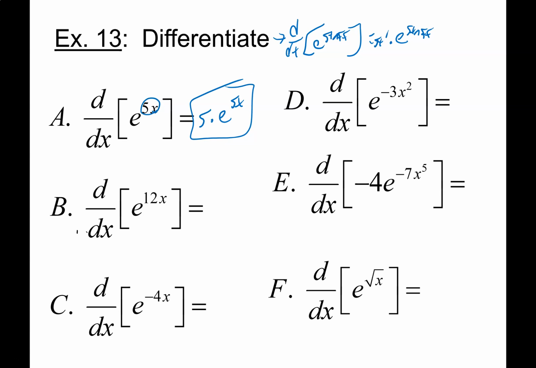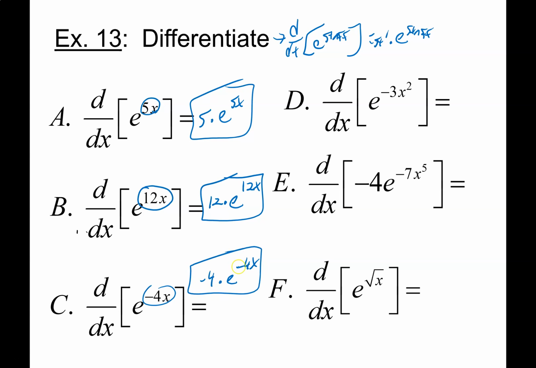Nothing to this transcendental differentiation. Again, e to the 12x derivative, e to the stuff, times prime of your stuff, 12. This one, e to the stuff, times your prime of your stuff.